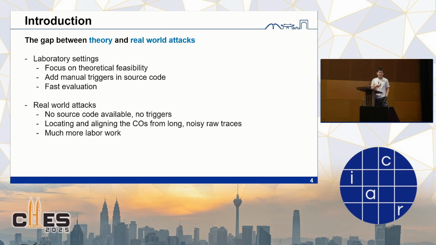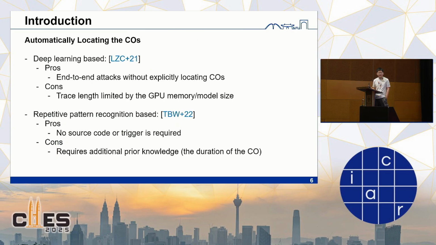But in real-world settings, you do not have such source code or precise triggers. So locating and aligning those COs from a long and noisy trace could be very laborious work. So we need more automated methods to accelerate this process.